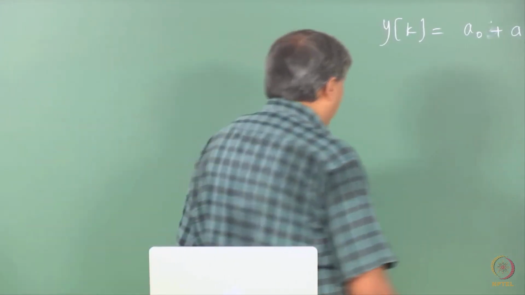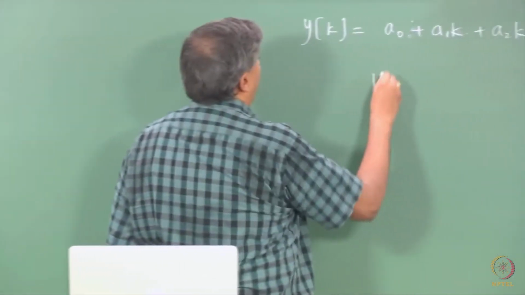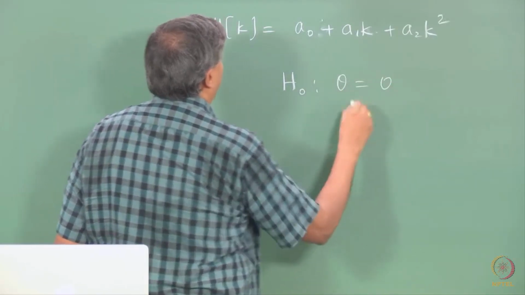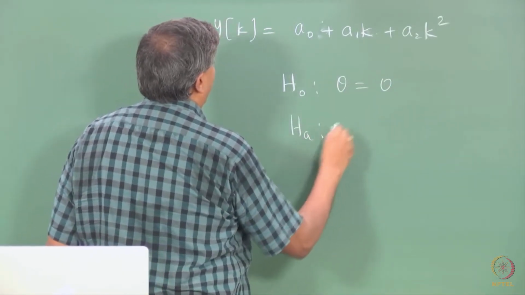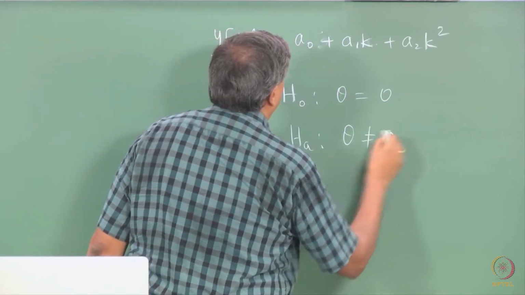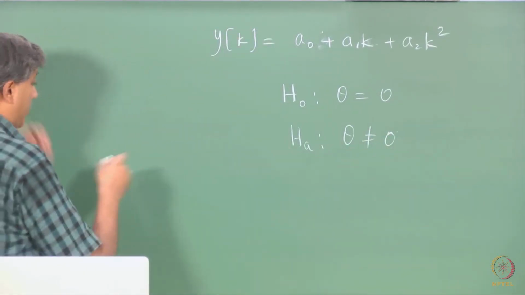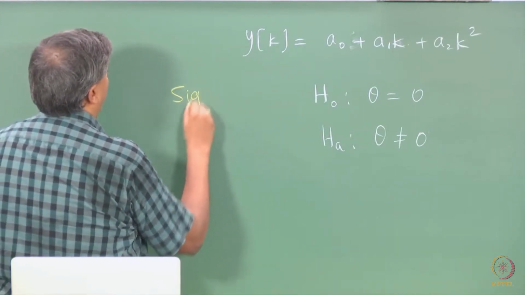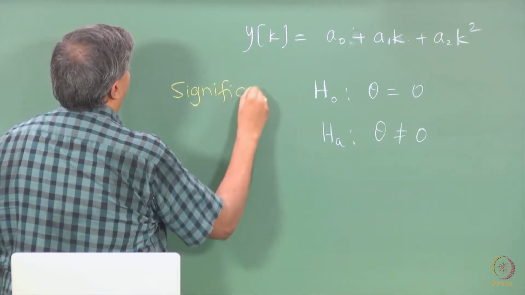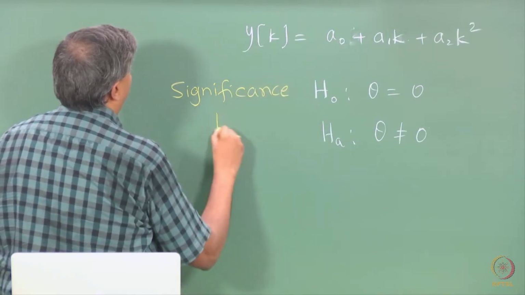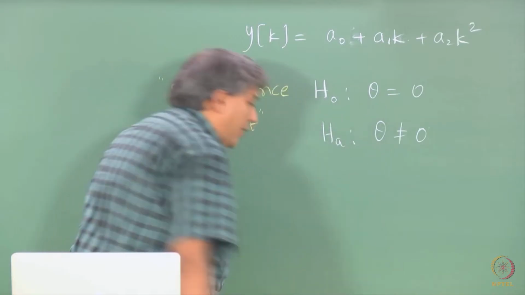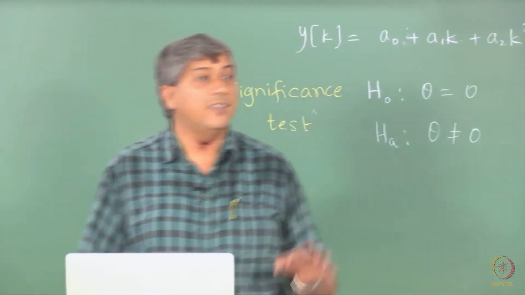Whenever you have a hypothesis test of this form, whether it is multiple parameters or a single parameter, it is not only called a hypothesis test, but also known as a significance test, because what you are asking is if the parameter estimate that has been obtained is significant.